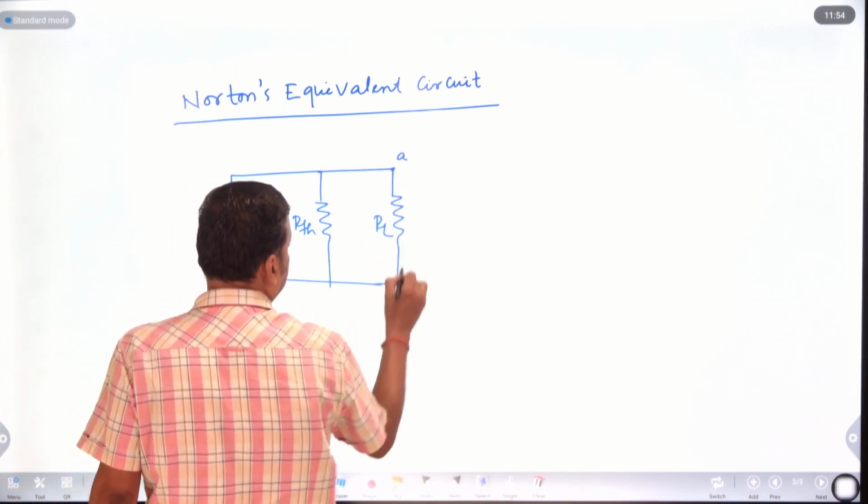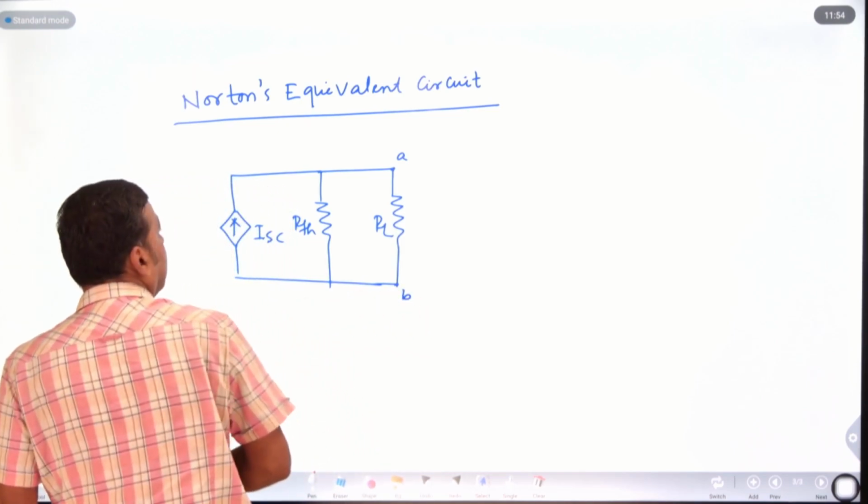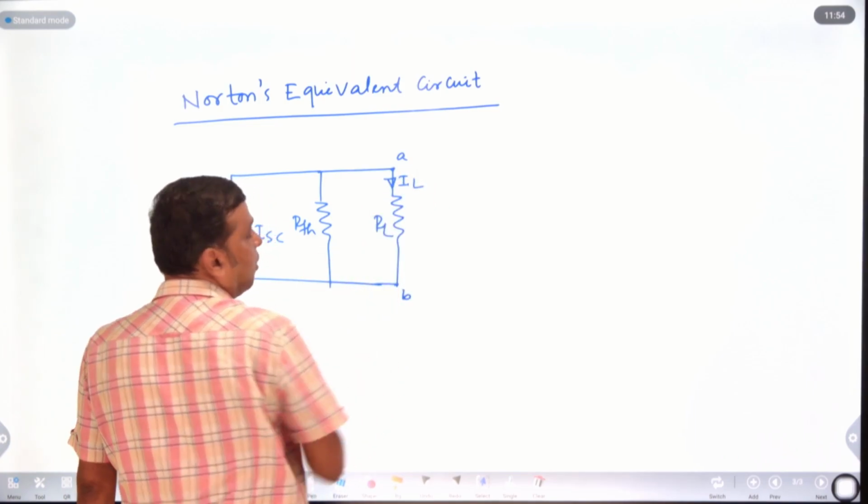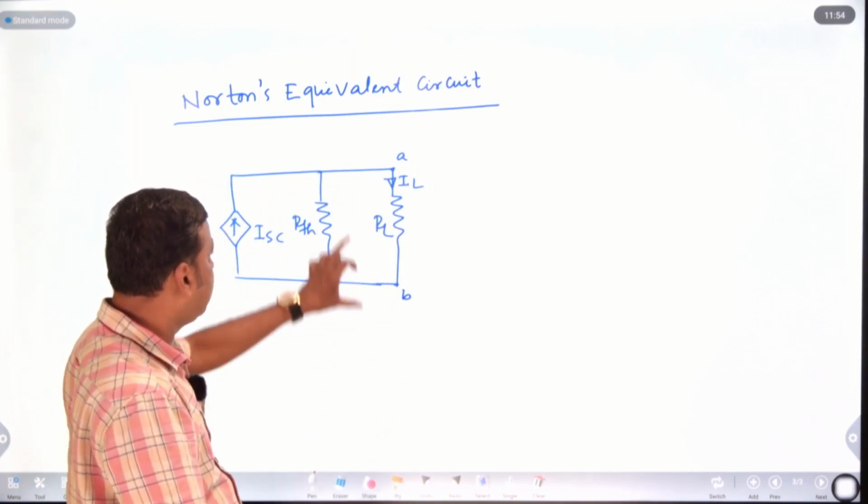This is your A, this is your B. Then find out IL, what amount of current flows through the resistance RL.